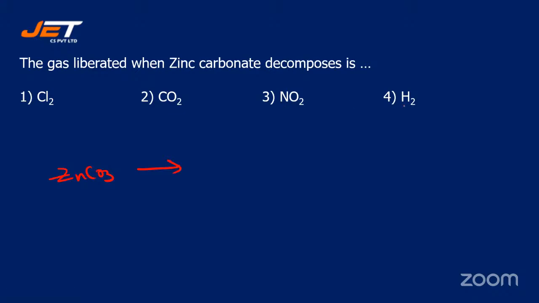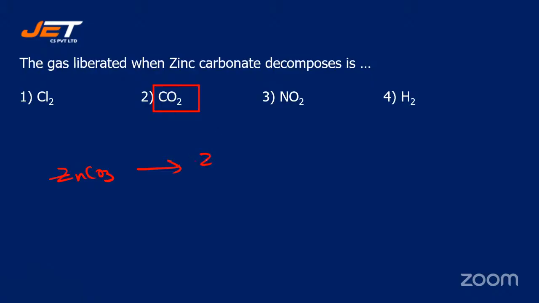Fourth one is hydrogen. So which is the right option? Let us see who has responded for this. Premcharan has mentioned it as carbon dioxide. Harshavardhan, carbon dioxide. Srutasya has mentioned it as carbon dioxide. Gyaneshwar has mentioned it as carbon dioxide. Majority has mentioned it as carbon dioxide. That is the right answer.